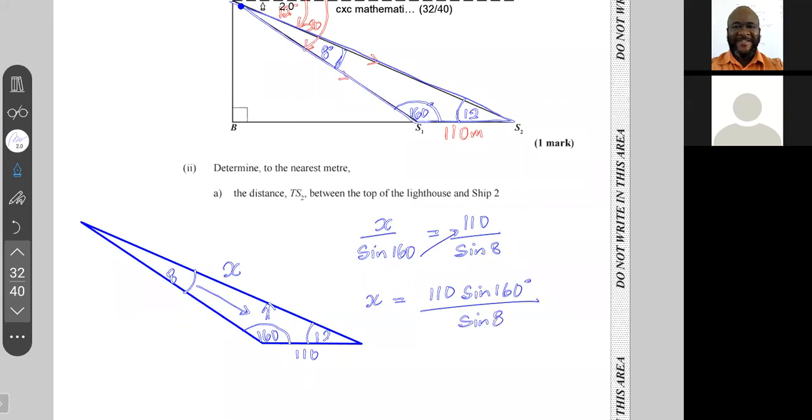So I just need to put this in my calculator and press equal. This is sine rule. So this is 110 sine 160 divided by the sine of 8 degrees.